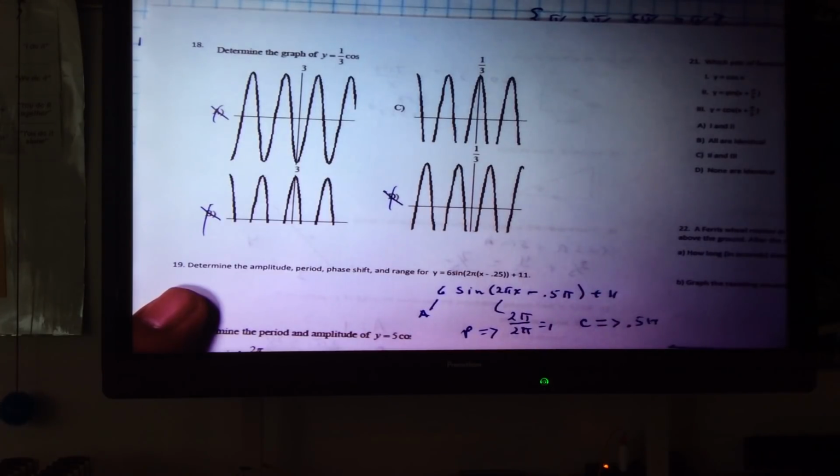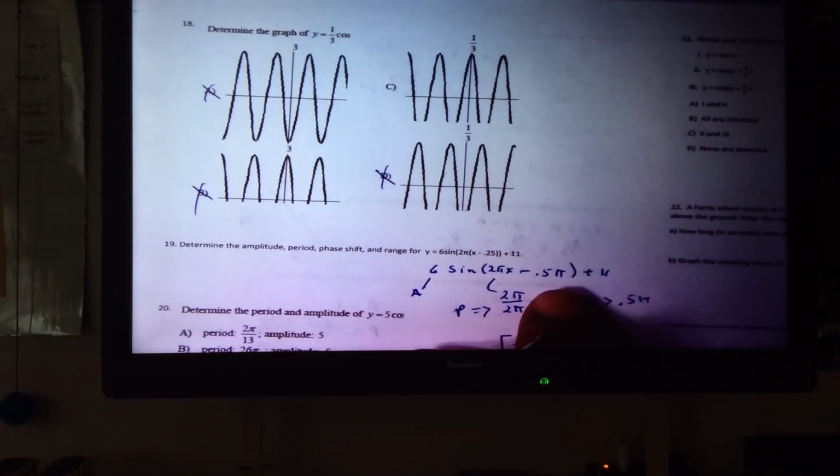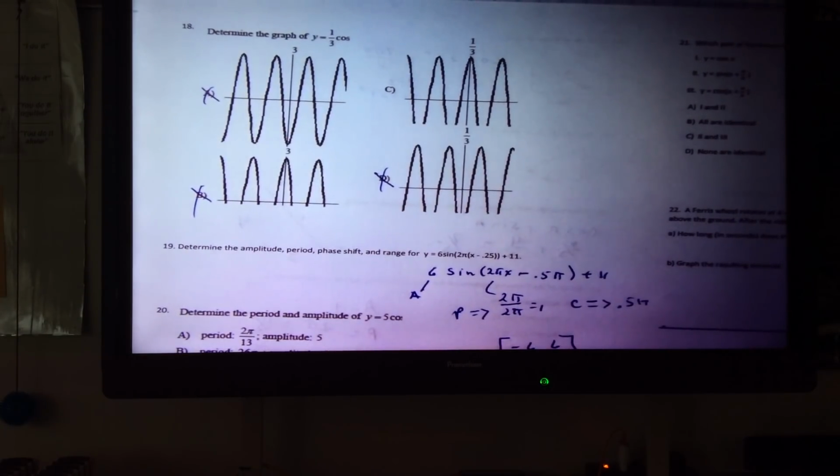So add 11 here and 11 here, and we get 5 to 17. Okay, so you put 0.5 pi. How did I get that? Because you multiply 2 times, 2 pi is 0.25. Yes. And then for the range.